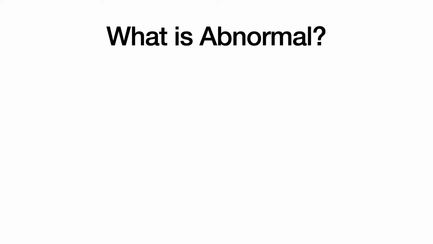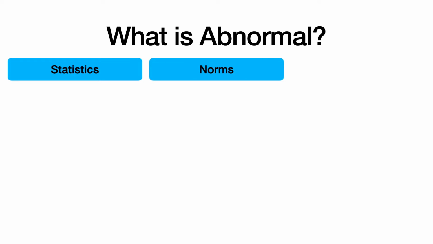And the world of psychology has methodologies to make that distinction, and those methodologies are based upon three criteria. The first is statistical abnormality. The second is abnormalness in relation to sociocultural norms, and the third is abnormalness that gets in the way of major life functions.